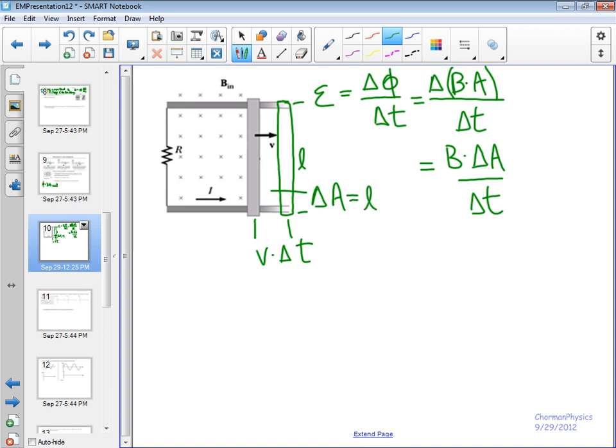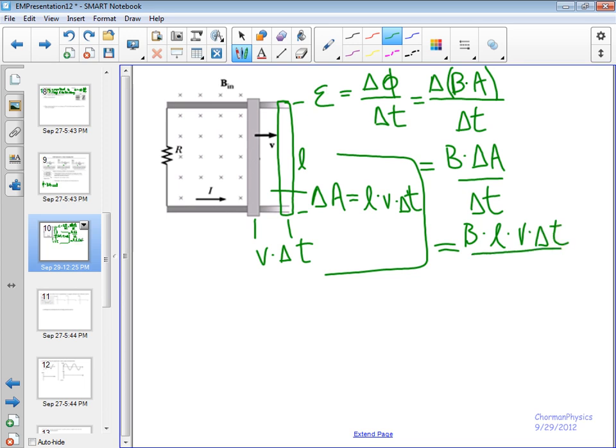The delta A that we can solve for here is just going to be equal to the length times the speed times the delta t. And if we put all of that in here, sorry, this is kind of getting a little crowded around here, we have B times L times v times delta t all over delta t. And hopefully you guys are seeing where we're going with this. These delta t's cancel out. We're left with the EMF is equal to B times L times v.